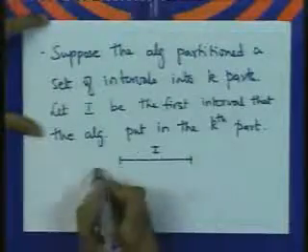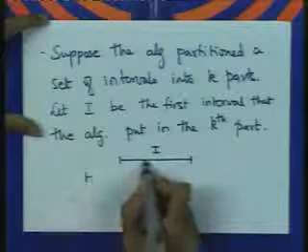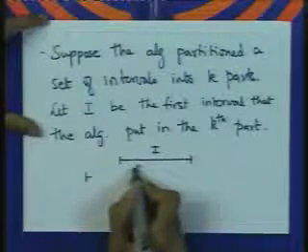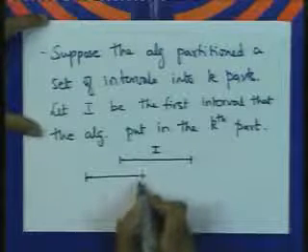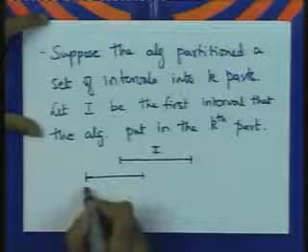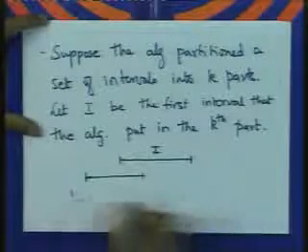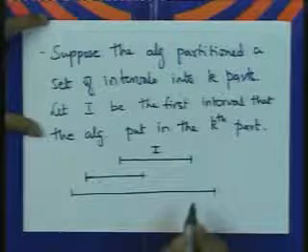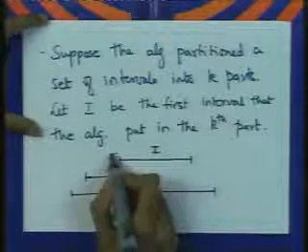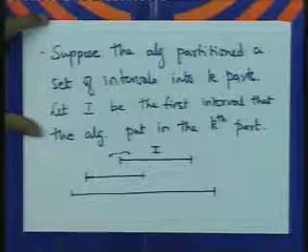Let's say in the first part, the interval has to start before this, and it has to intersect I, so it has to end after this point. It could start here and end after I, that is fine. But it has to start before this point and it should end after this point.